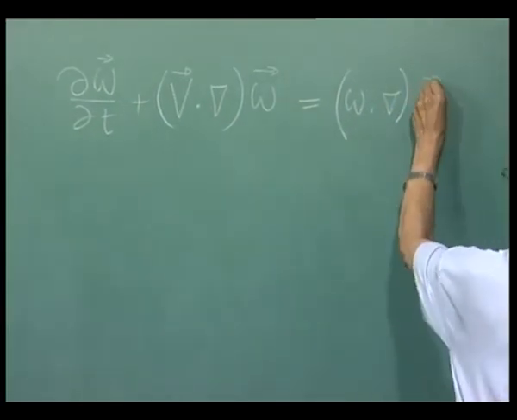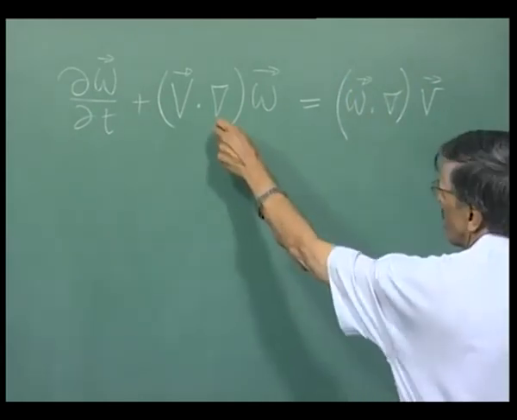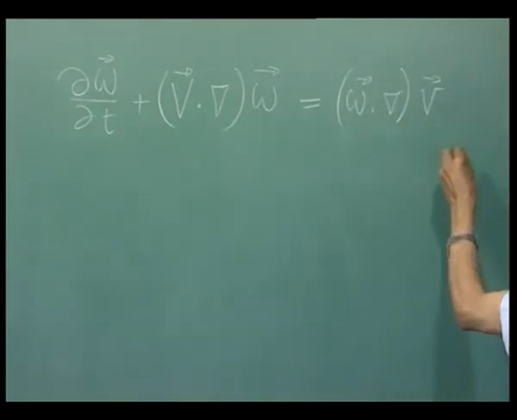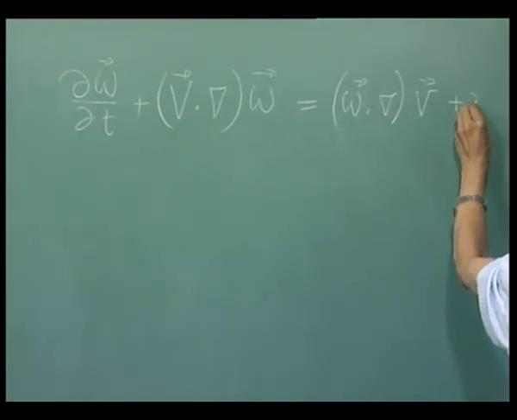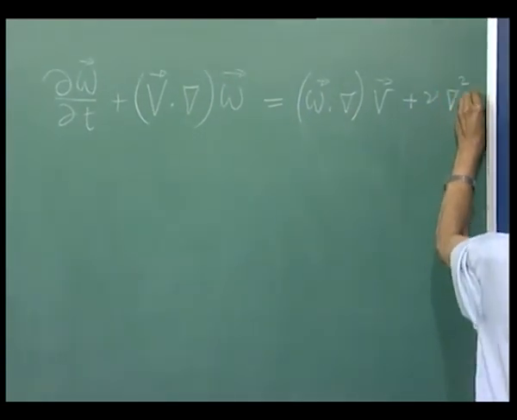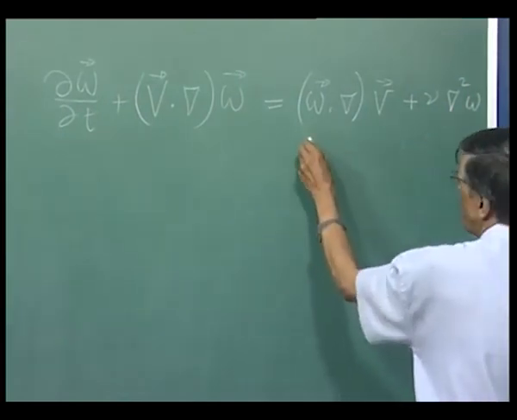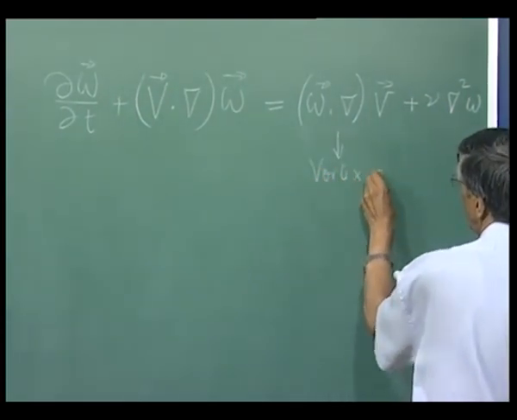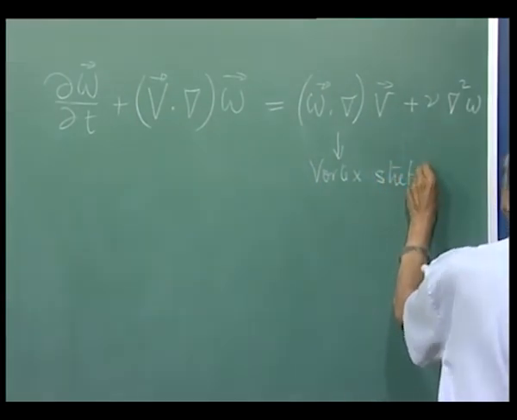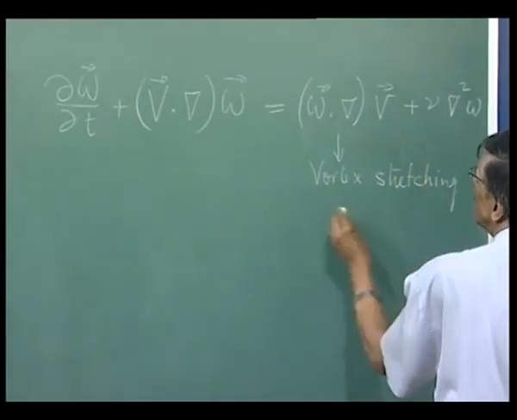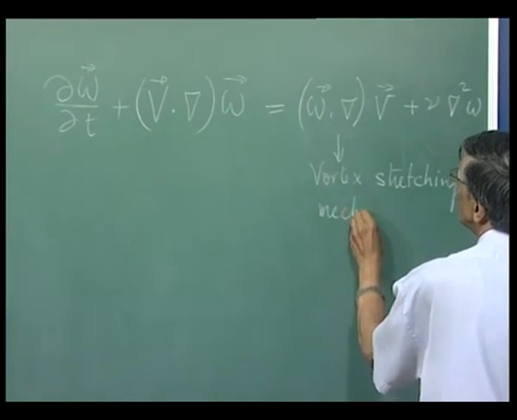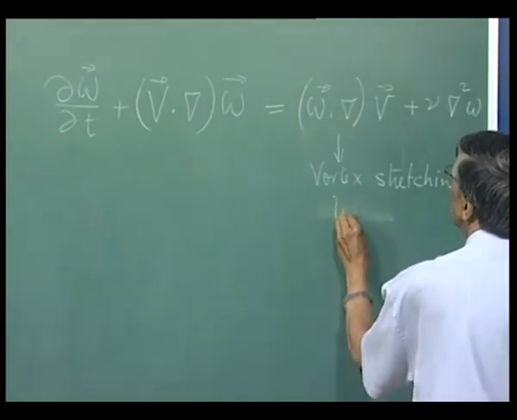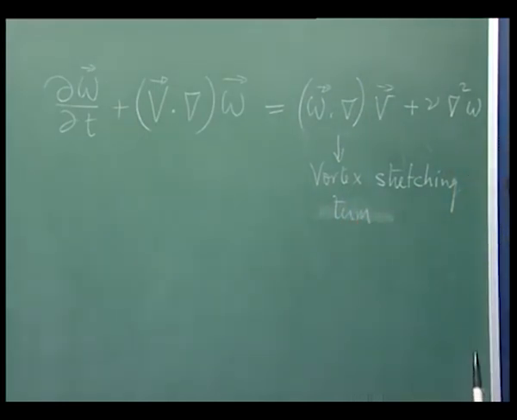Okay. So, what happens is if we are talking about 2D, of course, this operator itself is 0 and it does not make sense. So, this vortex stretching term can only be present for three-dimensional flow field.